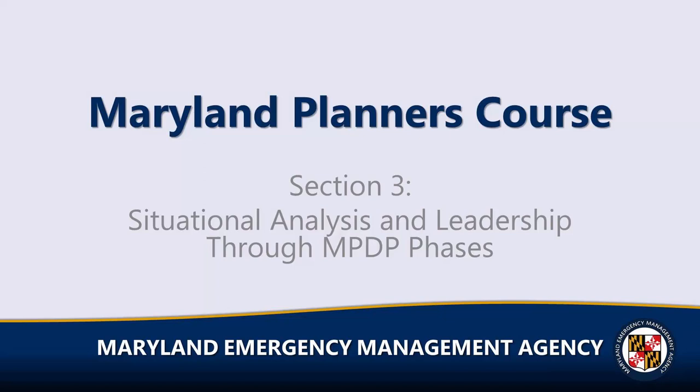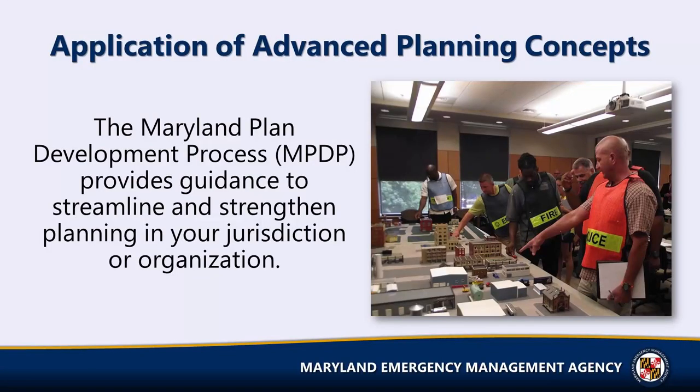Section 3 provides an overview of the phases and steps within the Maryland Plan Development process. This section prepares planners to navigate the planning process and to lead a planning effort for any of the plan types discussed in the last section. The Maryland Plan Development Process, MPDP, provides guidance to streamline and strengthen planning in your jurisdiction or organization.